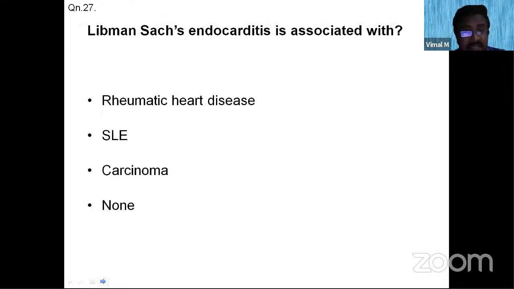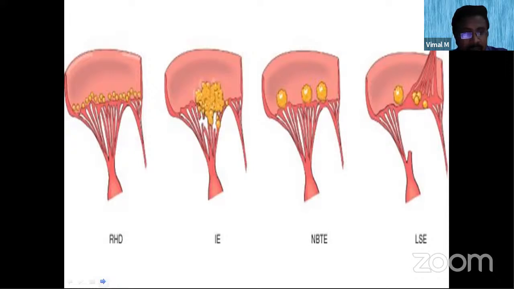But there is a difference in the nature of the vegetation. Let us see what this is. Then solve this question. Libman-Sacks endocarditis is associated with rheumatic heart disease, SLE, carcinoma, or none. Let us move on to the vegetations. I told you, all these four diseases will be having vegetations.